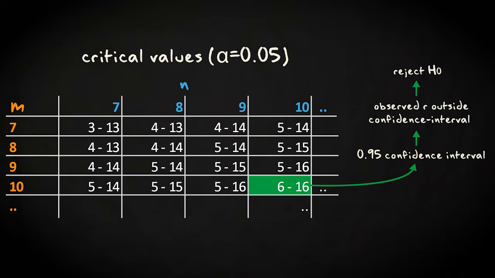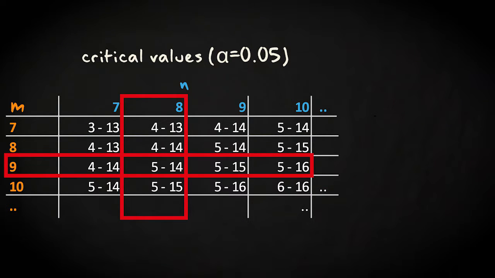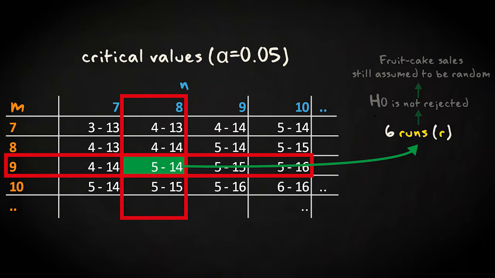In our case, we had groups of sizes 8 and 9 respectively, and we counted 6 runs. As this cell shows, it falls within the confidence range. So the null hypothesis of randomness is not rejected. There is no evidence that sales of fruitcakes occur in clusters or are somehow varying systematically.